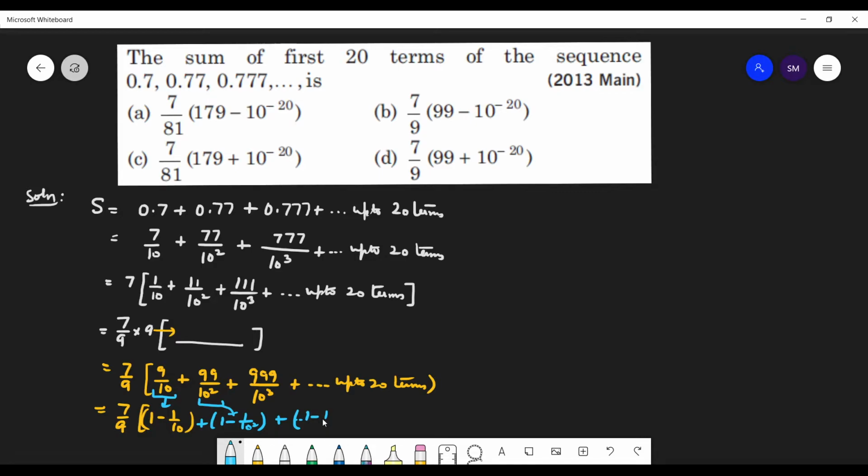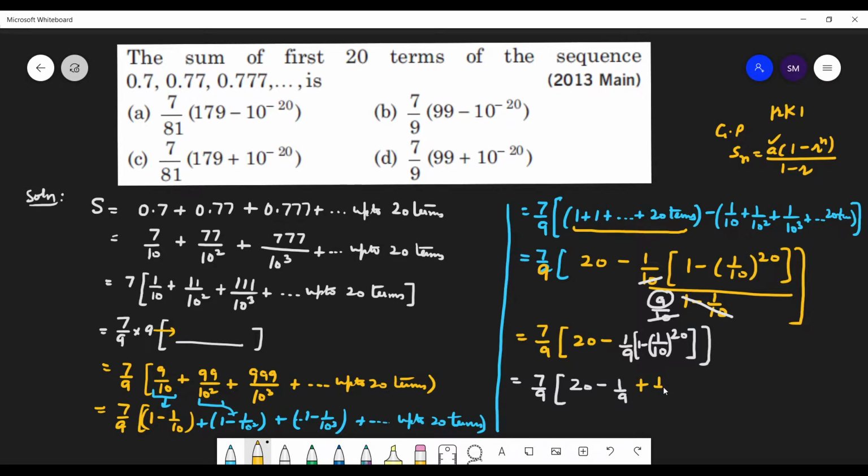Students, there is some problem with my writing board actually. So what do I get here? Minus 1 by 9, then this 1 by 9 will multiply with 1 and multiply with this. So minus 1 by 9 and plus 1 by 9 into 1 by 10 raised to the power 20, isn't it?